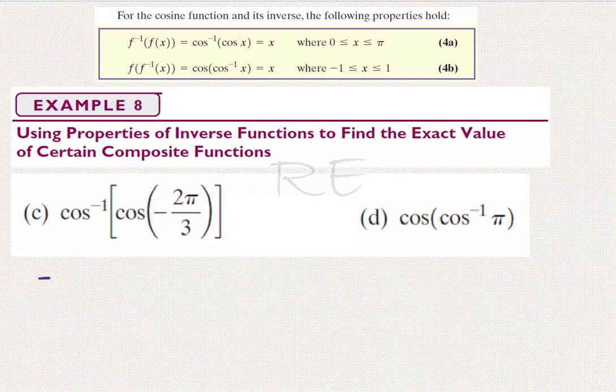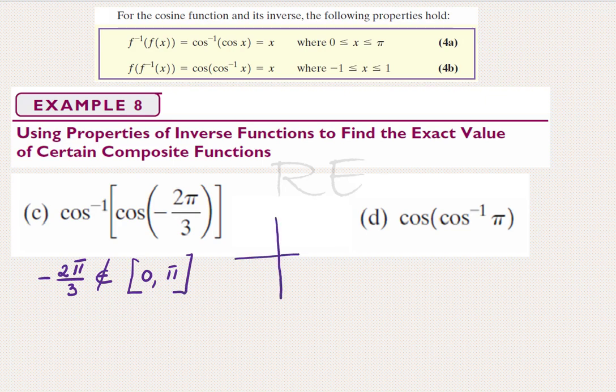Now, negative 2 pi over 3 does not belong to the interval 0 to pi. From 0, because it's a negative angle, we're going to go clockwise for 2/3 pi, and we end up in the third quadrant, negative 2 pi over 3.